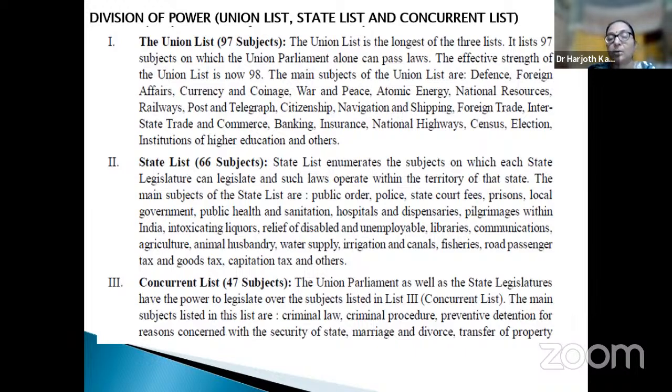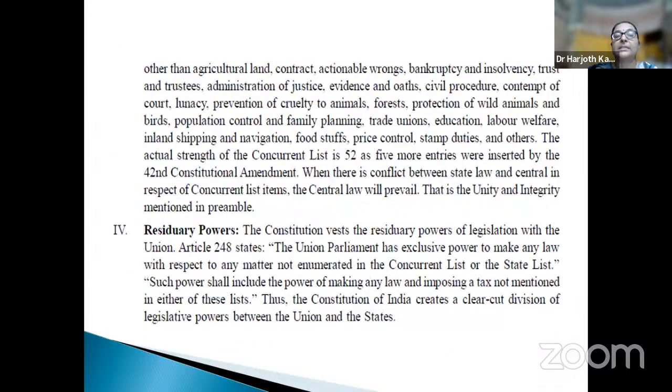The main subjects are criminal law, criminal procedure, preventive detention for reasons concerned with the security of state, marriage and divorce, transfer of property other than agricultural land, contract, actionable wrongs, bankruptcy and insolvency, trust and trustees, administration of justice, evidence and oaths, civil procedure, contempt of court, lunacy, prevention of cruelty to animals, forests, protection of wild animals and birds, population control and family planning, trade unions, education, labor welfare, inland shipping and navigation, foodstuffs, price control, stamp duties, and others. This all comes under the concurrent list.